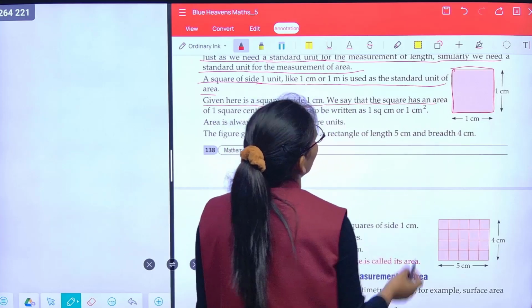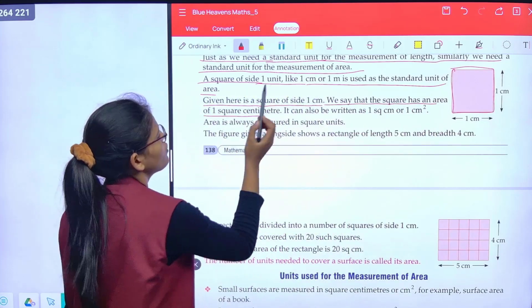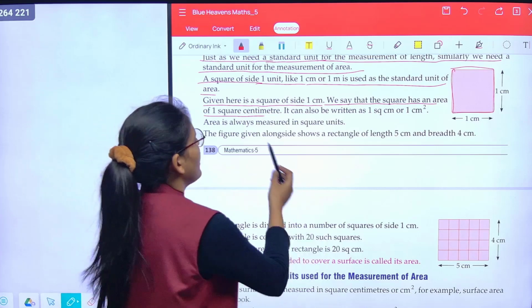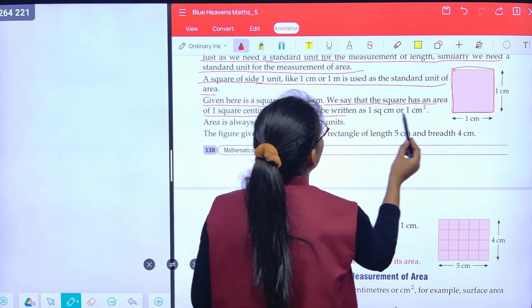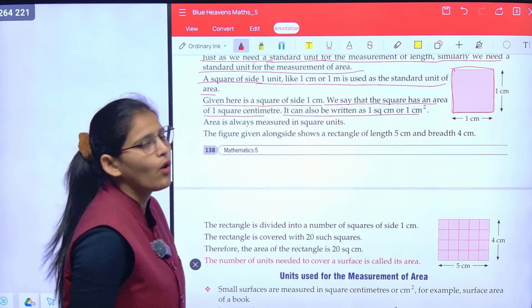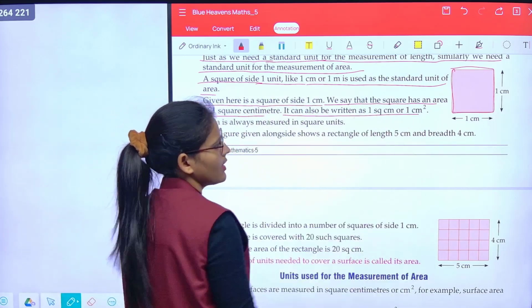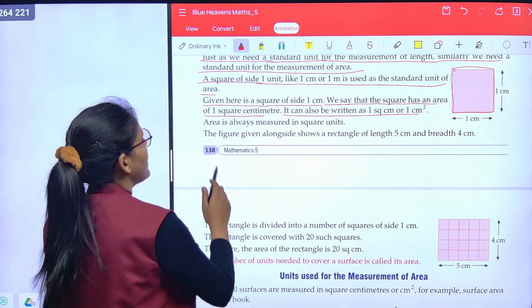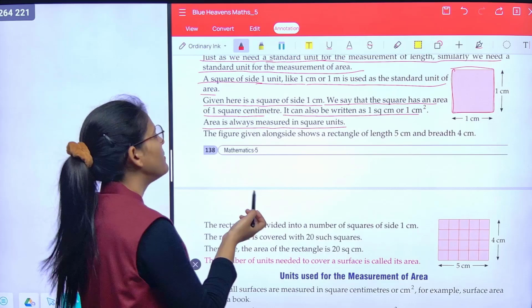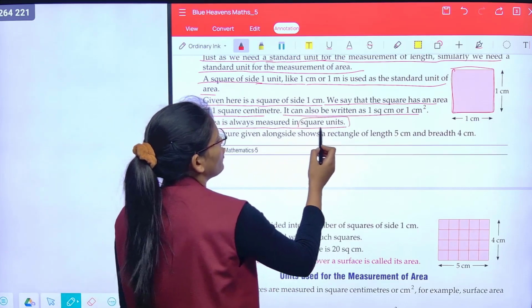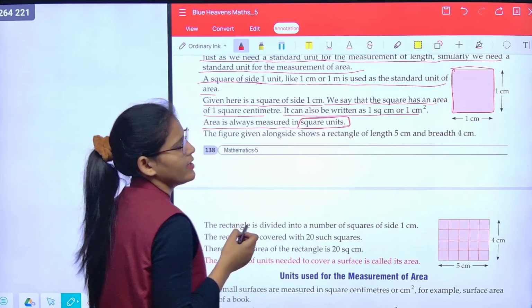We say that the square has an area of 1 square centimeter. It can also be written as 1 centimeter square. Understand? Area is always measured in square units. हम जब भी एरिया को मेजर करेंगे तो हम उसकी यूनिट को हमेशा स्क्वायर यूनिट्स में रखेंगे.